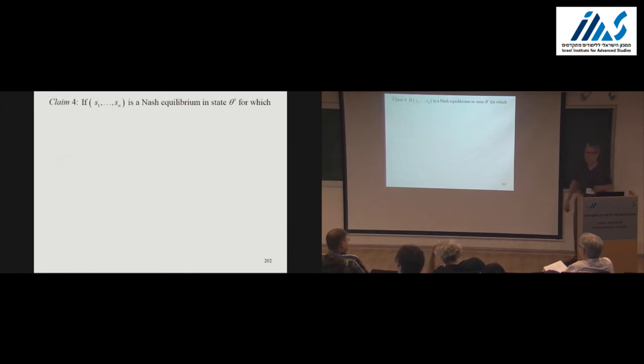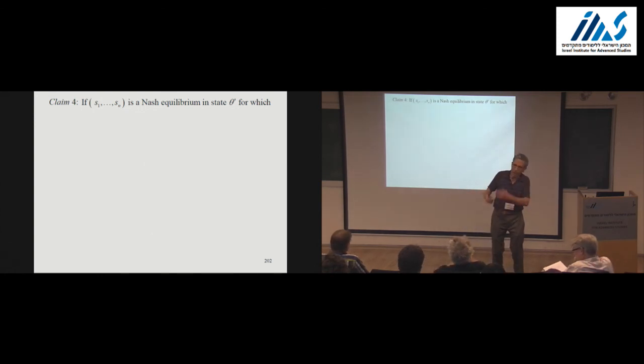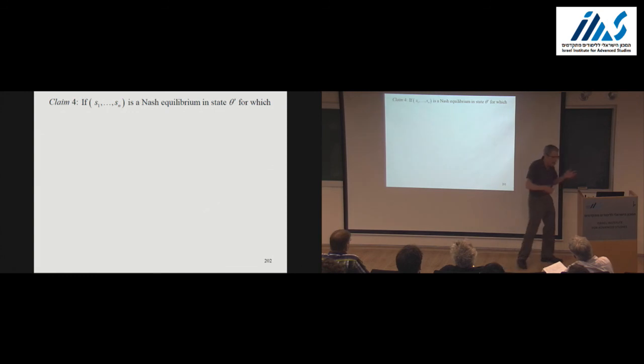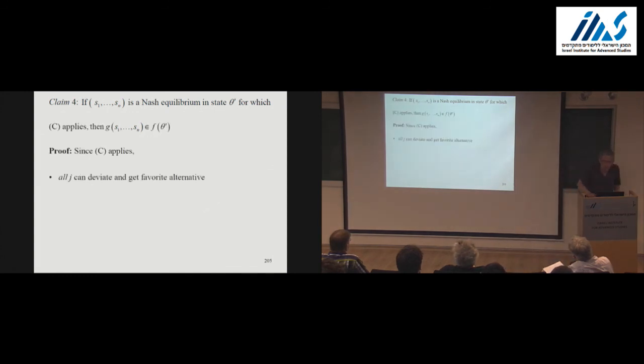Okay, so one more claim, one more case to consider. What happens if we have a Nash equilibrium where we don't have unanimity and we don't have one man out? That is, we have a case C Nash equilibrium. Well then, everybody can deviate and get his favorite alternative.